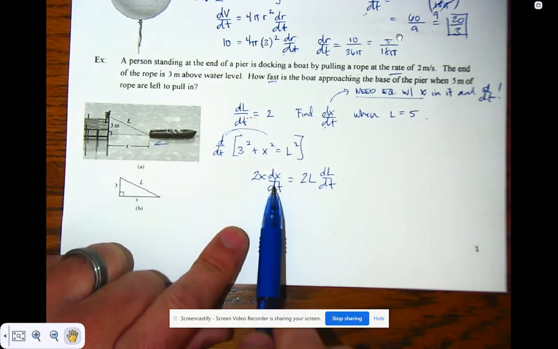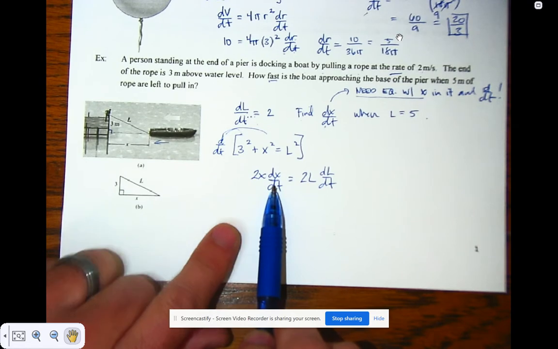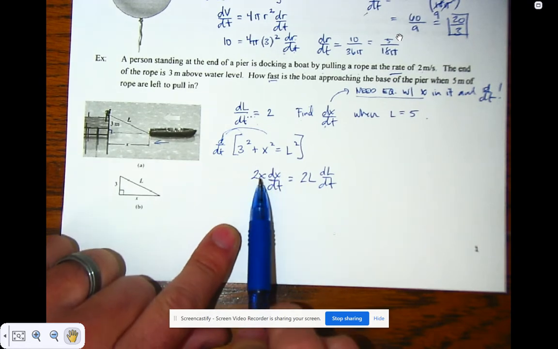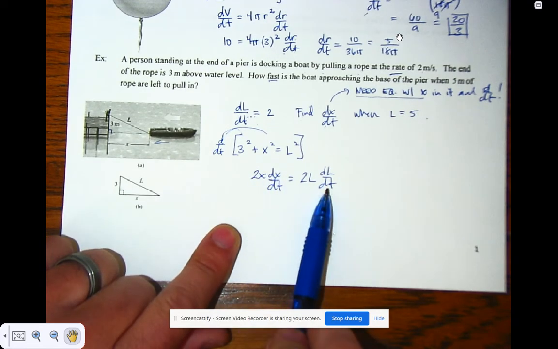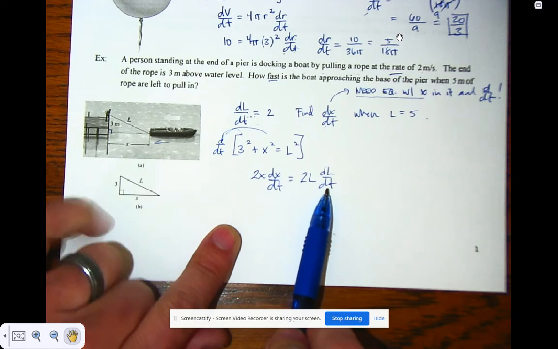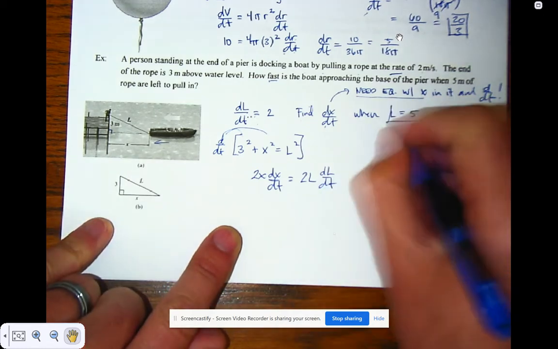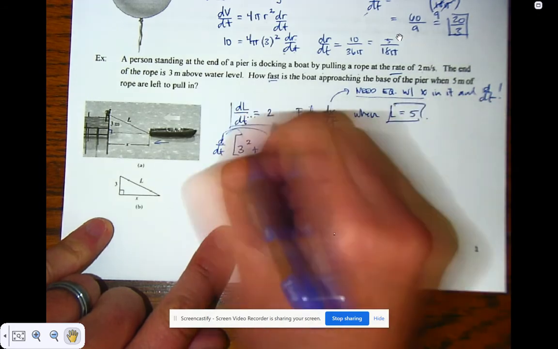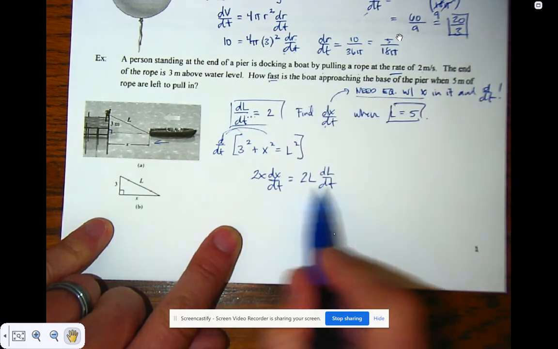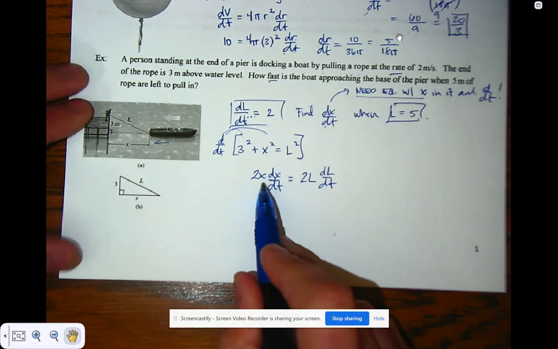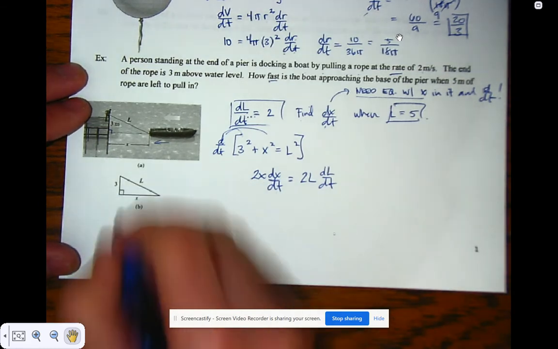Well, the only way I can get an answer for dx/dt is if I had x and L and dL/dt. Let's think about what we got. We've got L right here. We've got dL/dt. So these two are taken care of, but I don't have x. Well, look at your formula right here.